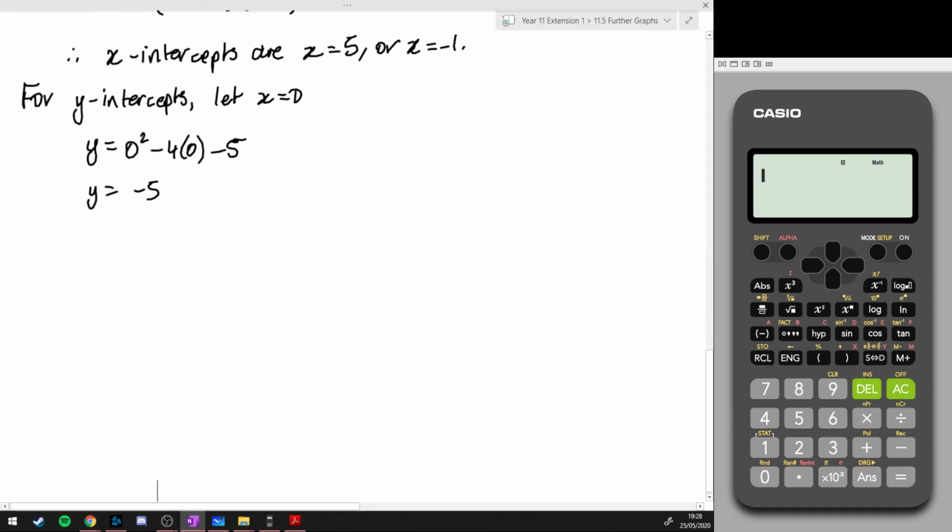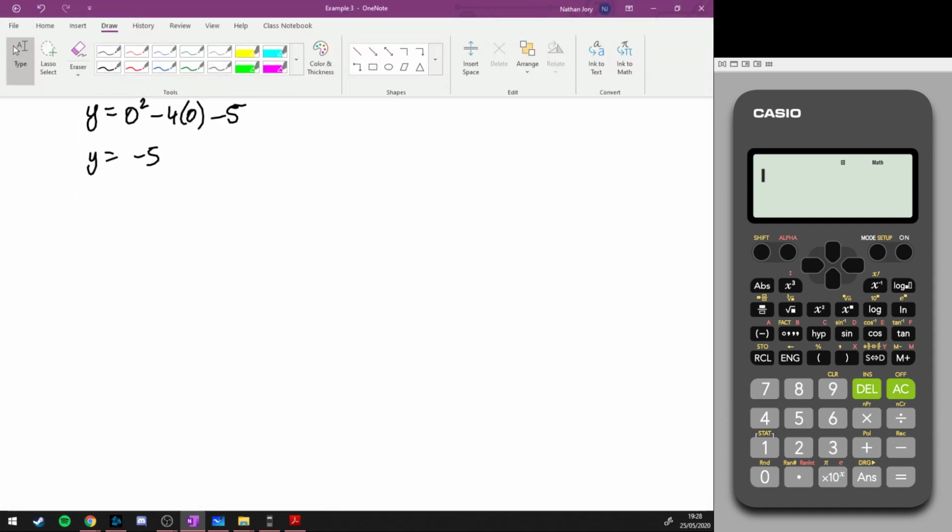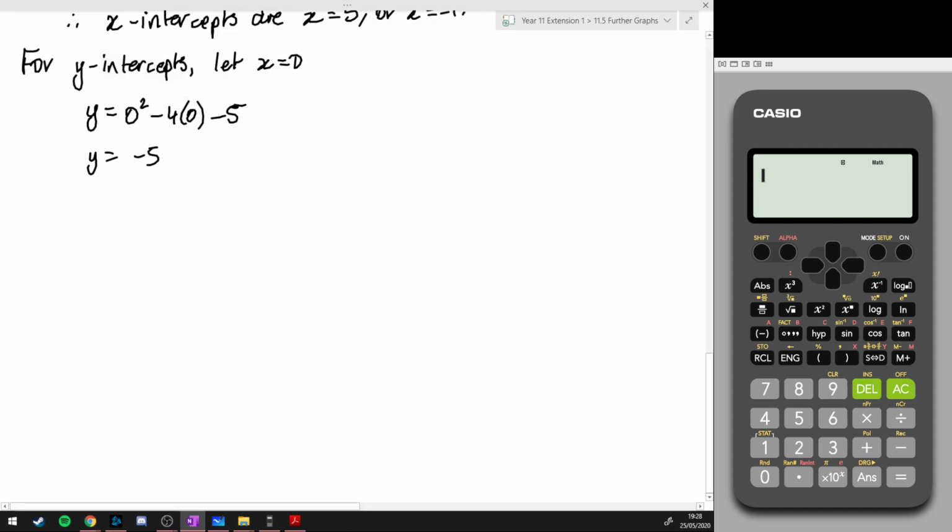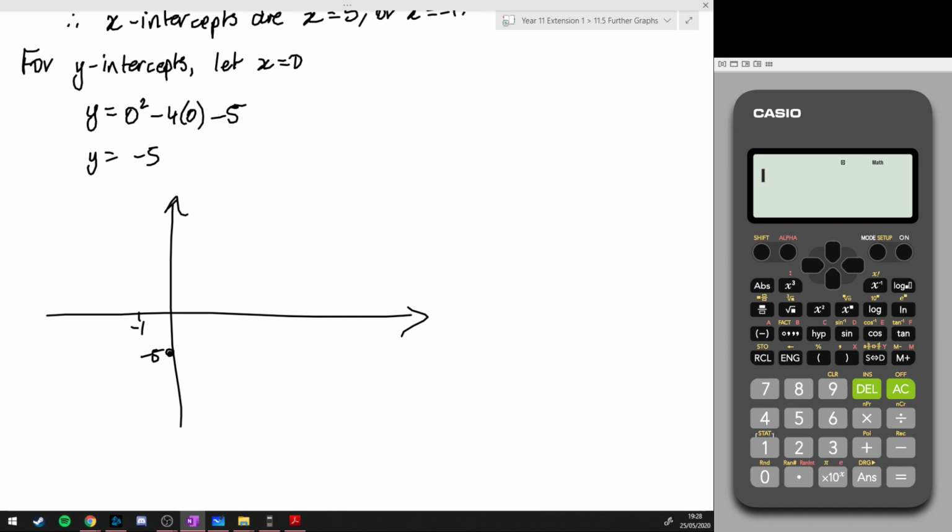So let's draw this big boy. Cartesian plane, like so. Now we know our intercepts are at y is equal to -5, and we've got some values at -1, and we've also got one at 5 as well.